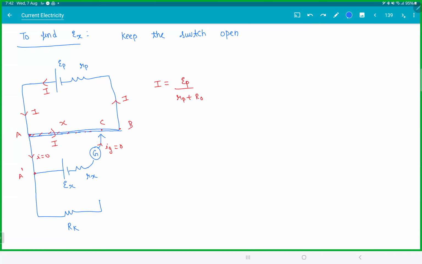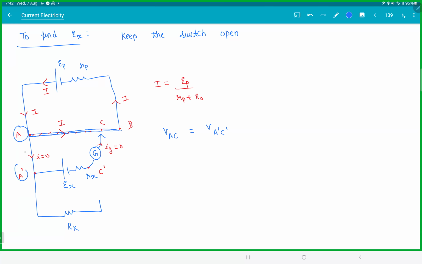So now the idea is this. This point is potential C dash. You can clearly see here, VAC must be equal to VA dash C dash. Do you agree with that statement?